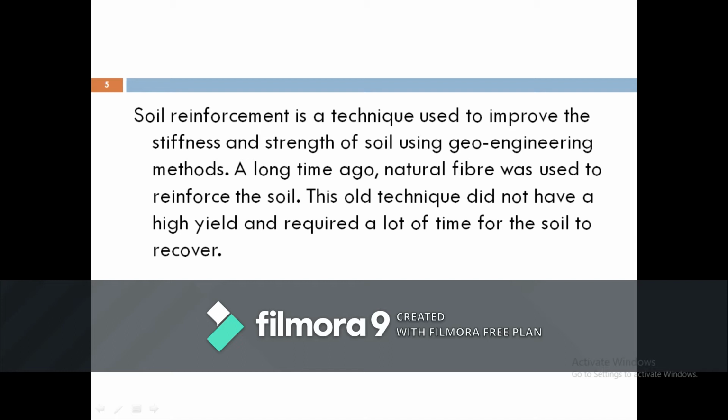Since we cannot wait for such a long time, we have started using geosynthetic elements. So we are trying to enhance this old technique and make a material which will last for a longer time, but will increase the strength right at the present time itself. Such elements we are starting to use.